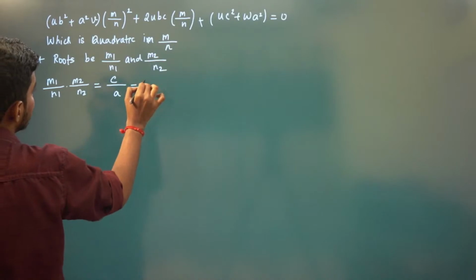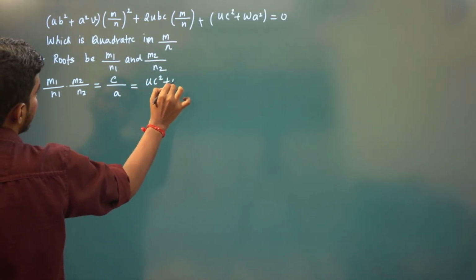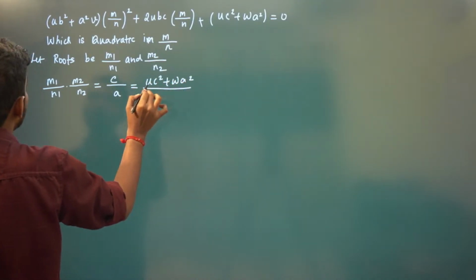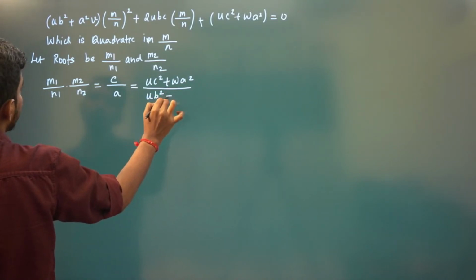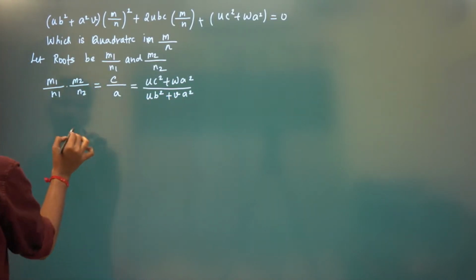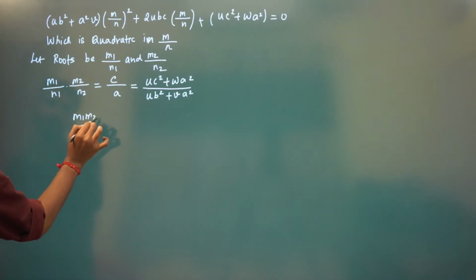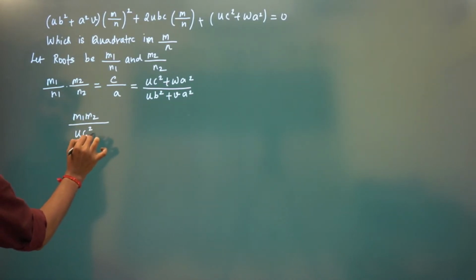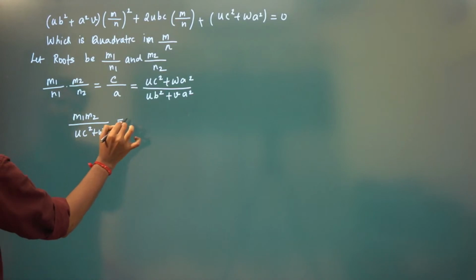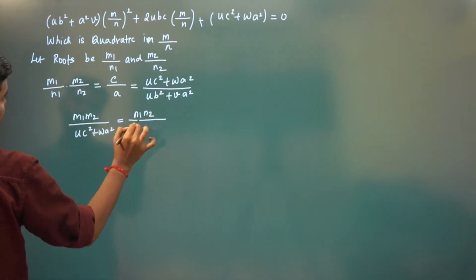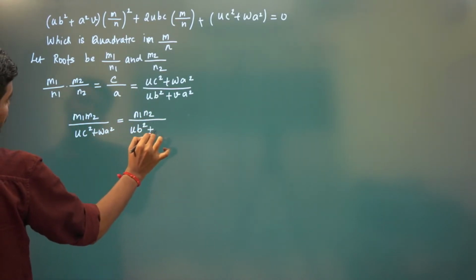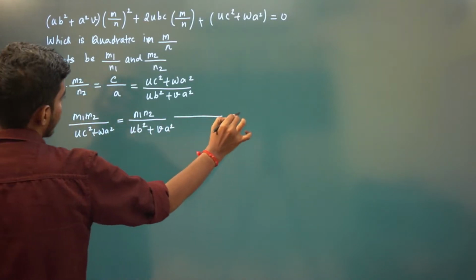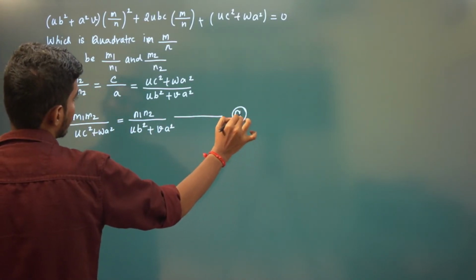So c is UC square plus WA square, divided by a, which is UB square plus V into A square. So we have m1 m2 divided by UC square plus WA square equals n1 n2 divided by UB square plus VA square. Call this equation number A.